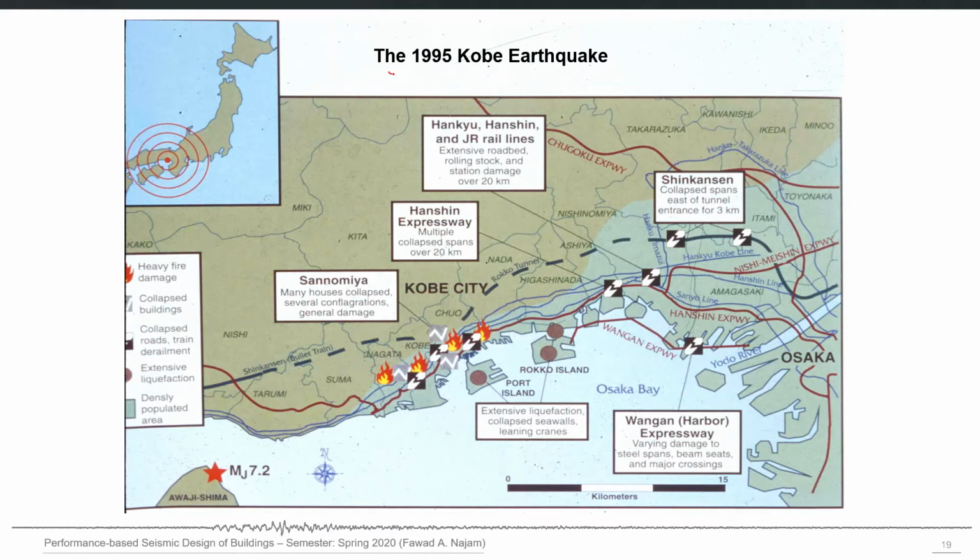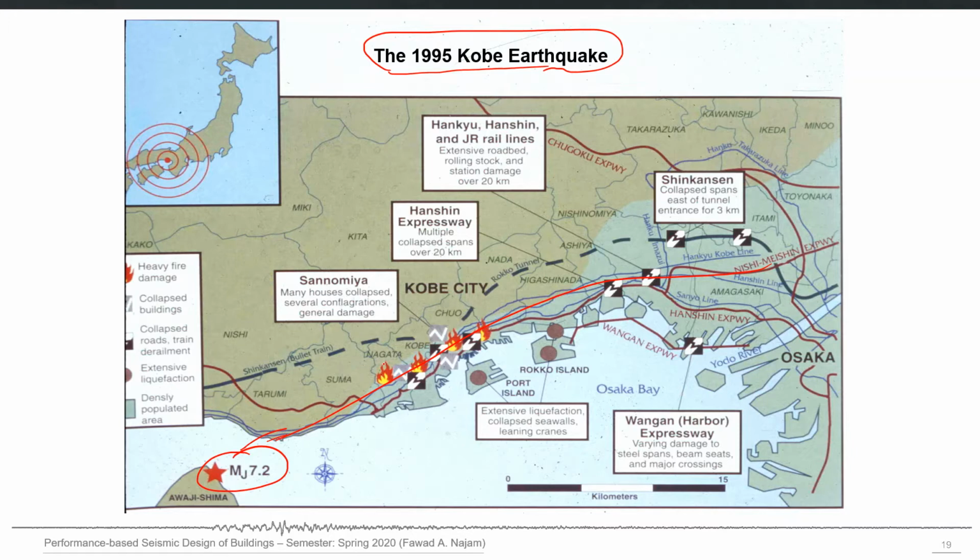This example is from the 1995 Kobe earthquake. Here you can see that the fault line runs along this direction, and this is the epicenter here. You can see that just one earthquake, the 1995 Kobe earthquake, caused several of the earthquake hazards.